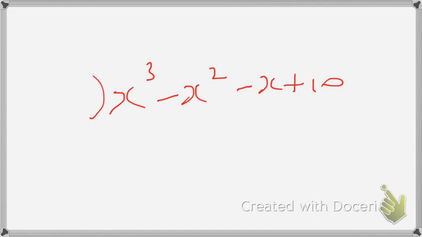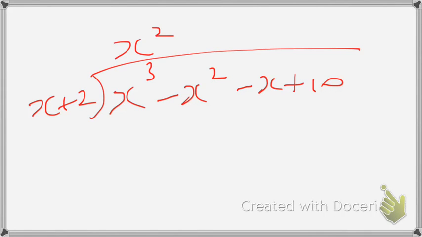So let's say I wanted to divide x cubed minus x squared minus x plus 10 by x plus 2. Now, I haven't actually done this, but I know the answer is this, because I just did it by expansion rather than dividing.